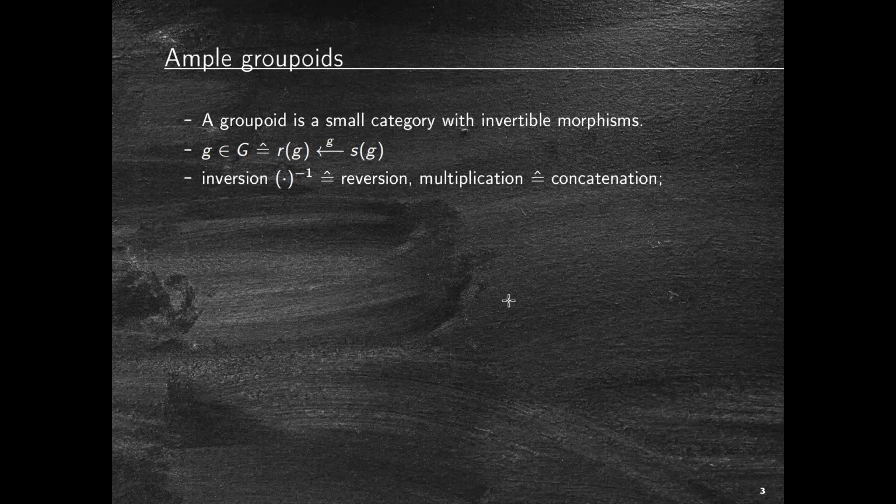In terms of arrows, it's just concatenating arrows. And another way to think about groupoids is that these are like groups algebraically, but you cannot multiply any two elements. You have to have the condition that the range and source have to match up to be able to multiply them. So that's another way to say that.